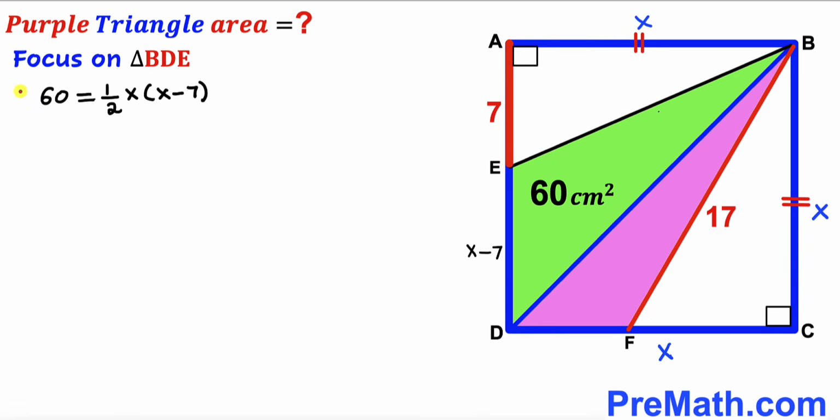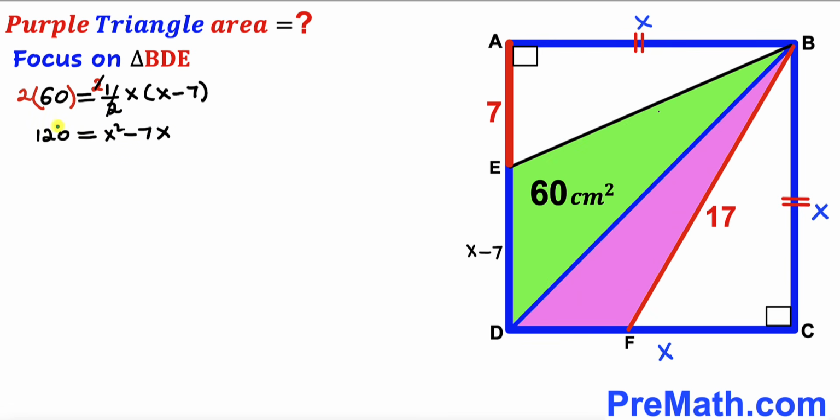Now I'm going to multiply both sides by 2 to remove this fraction, and the 1 divided by 2 and 2 are gone. So we end up with 120 equals, and we distribute, which gives x square minus 7x.